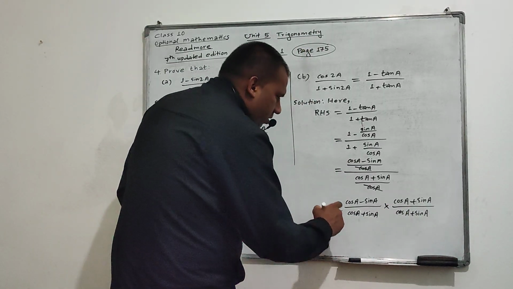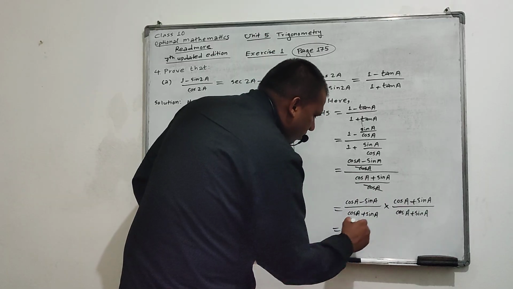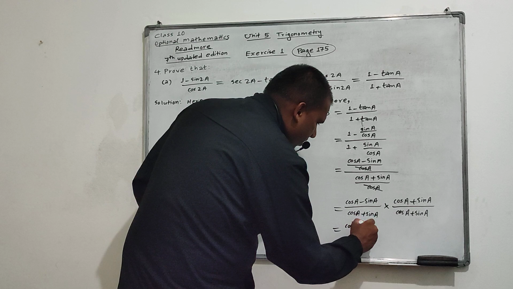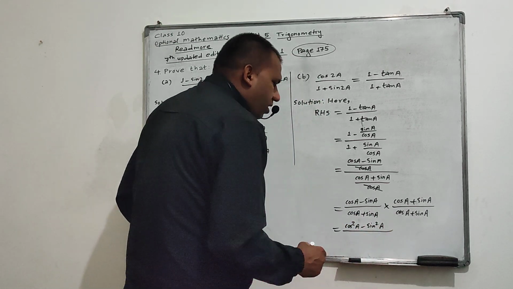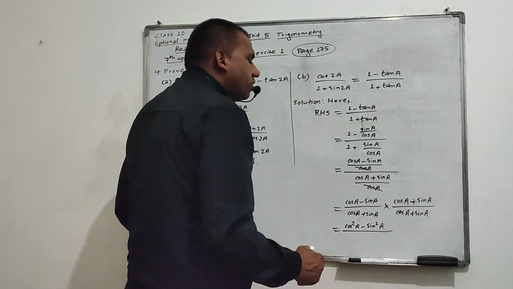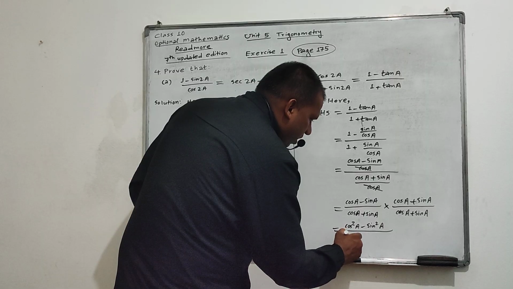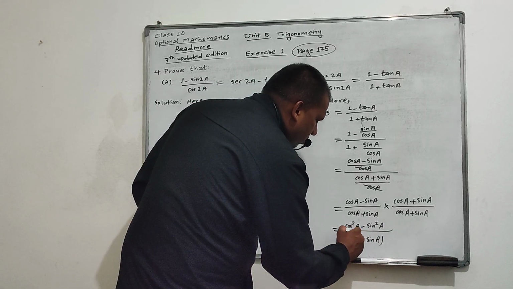Now it becomes (cos a minus sin a)(cos a plus sin a), that is (a minus b)(a plus b), which makes a square minus b square, so we can write cos square a minus sin square a. And downside (cos a plus sin a)(cos a plus sin a), (a plus b)(a plus b) is the square form, so (cos a plus sin a) whole square.